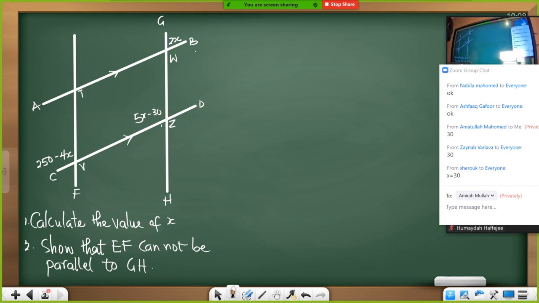The value for x. All right, the answer seems to be 30. Adjacent supplementary angles. Okay.